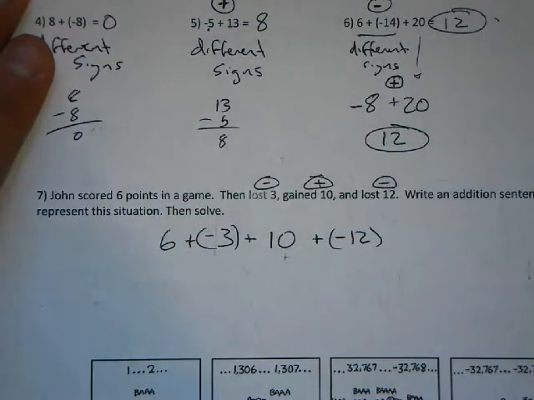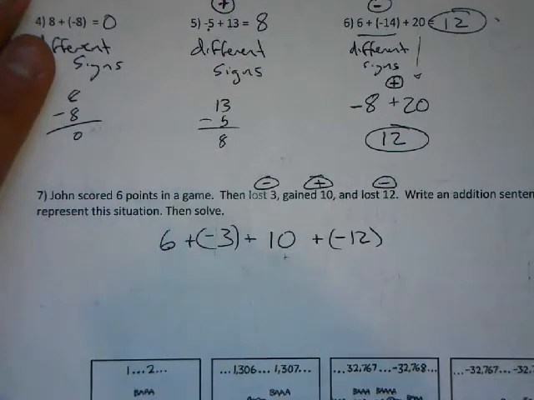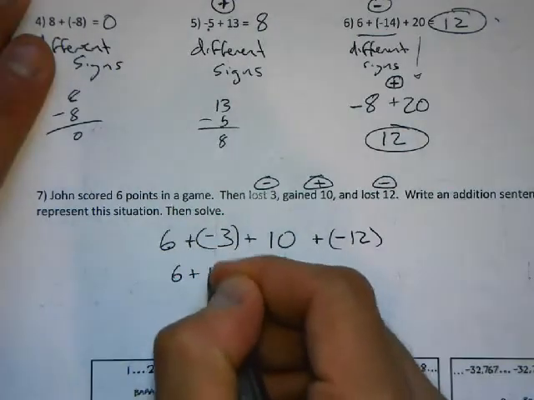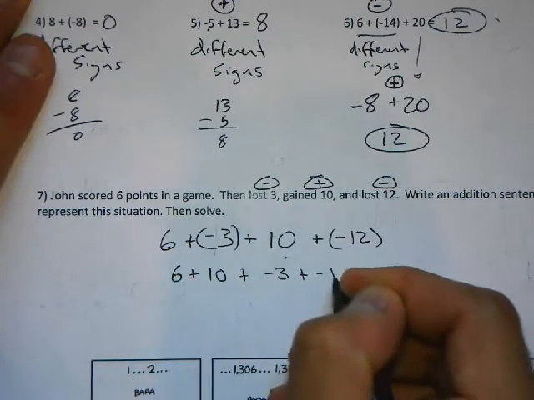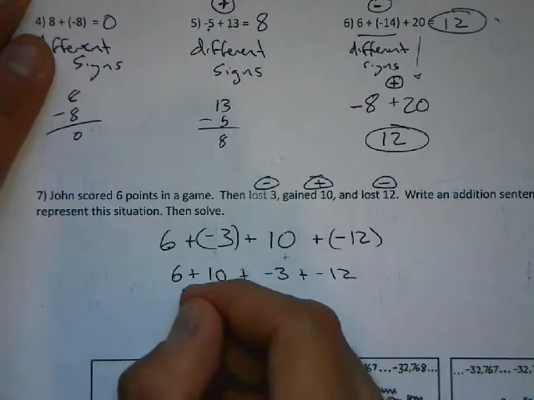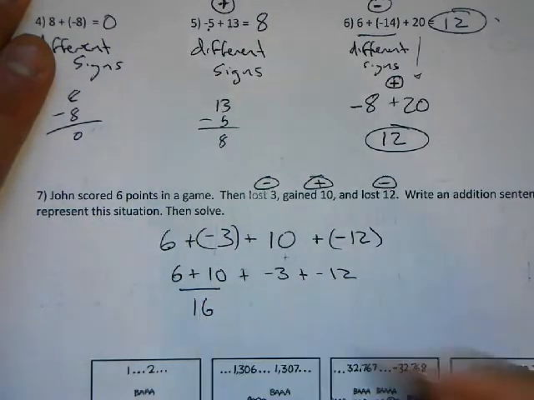I'm going to use the commutative property of addition to make this a little easier. I'm going to rearrange the order. I can do that since it's all addition. So 6 plus 10, those were his gains, plus negative 3, plus negative 12. Those are the losses. And now I can add the two together. So 6 plus 10 is 16. They have the same sign, so they're positive.